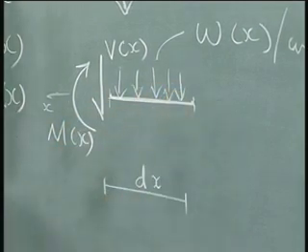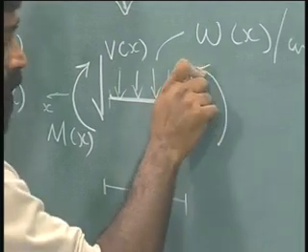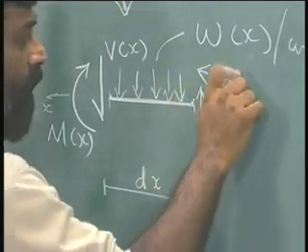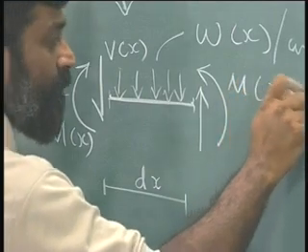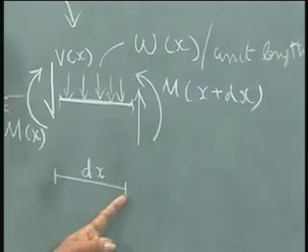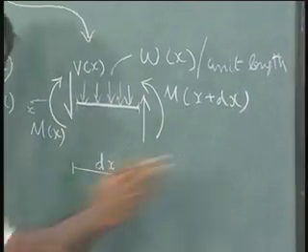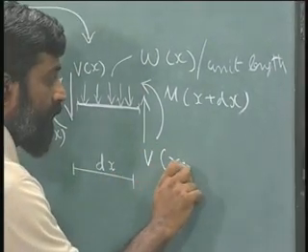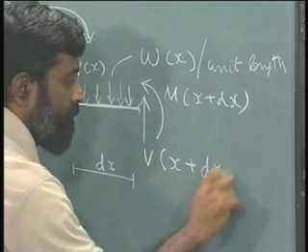Since we have cut this side also, we have moment and shear force. This is M at x plus dx, because I am taking dx away from this in the positive direction, and shear is V at x plus dx.